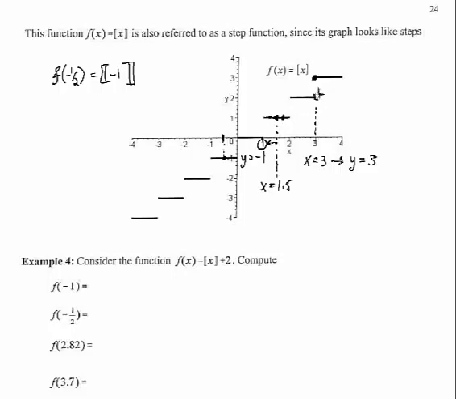We can put an open dot here and then a solid dot on the end of the y equals 3 bar. So in the beginning of all of these, we could just simply put open dots on the right and solid dots on the left. And that sort of makes it more obvious that we don't have multiple outputs for one input.